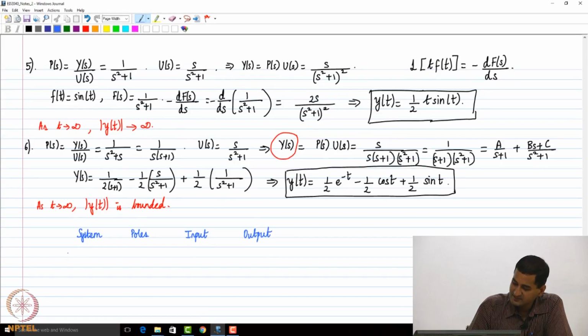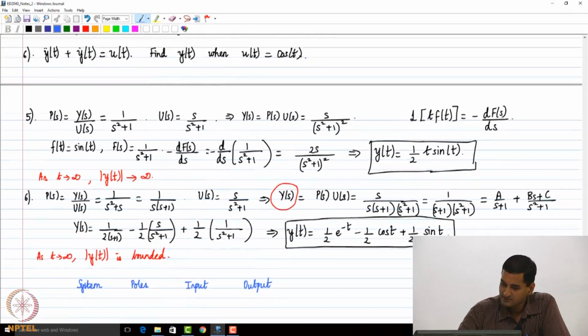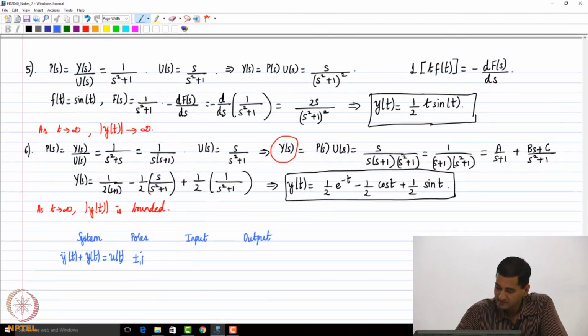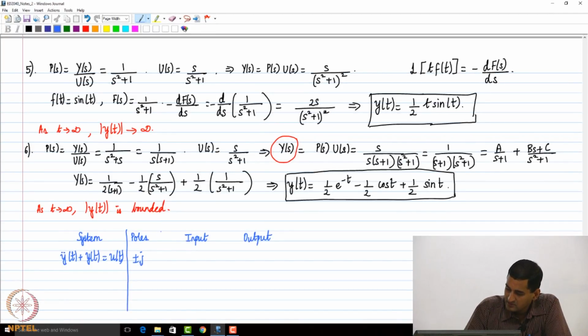So first let's take the system which had complex conjugate poles, right? So first let's take y double dot plus y of t is equal to u of t. The poles were at plus or minus j, right? For this system we considered two cases.